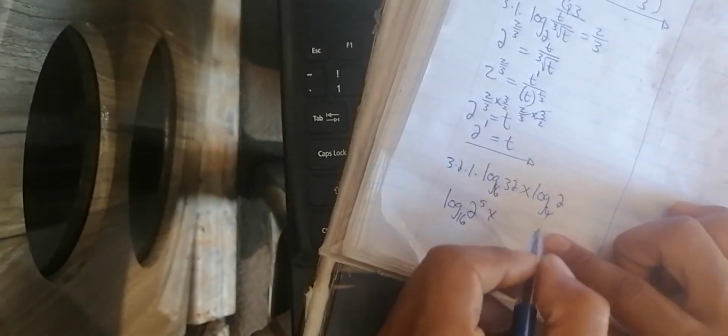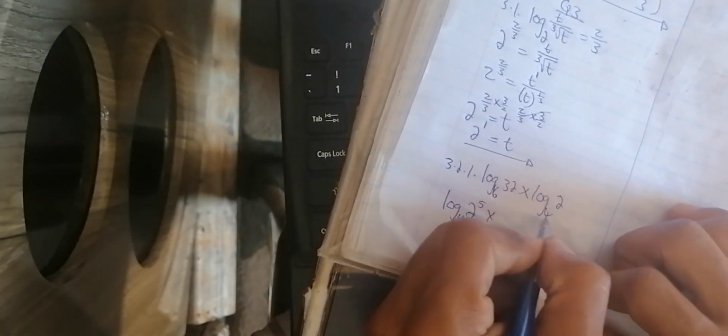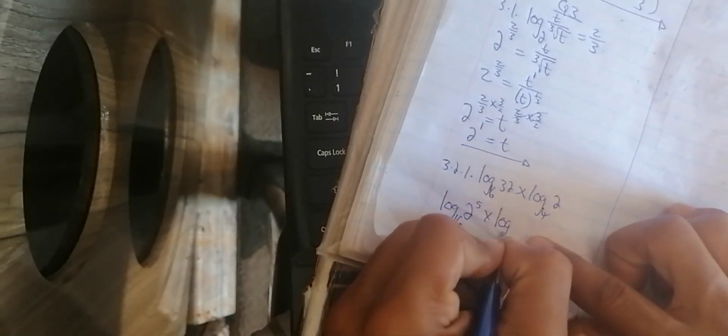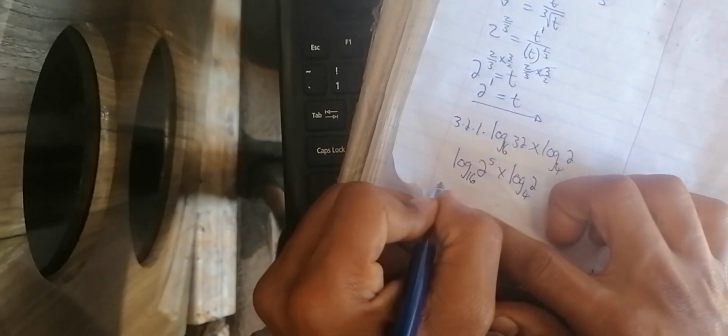Times, and I want you to check here, you have log subscript 4 of 2 like this. So what we can do here is to use the change of base theorem.